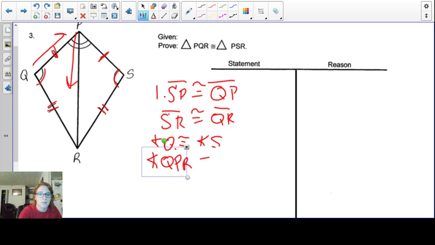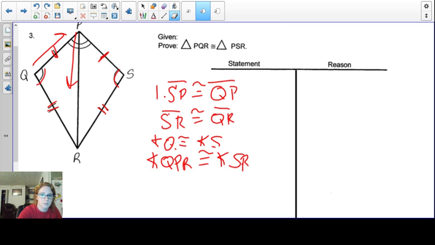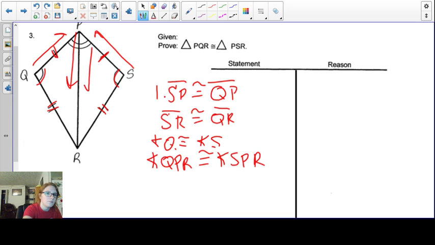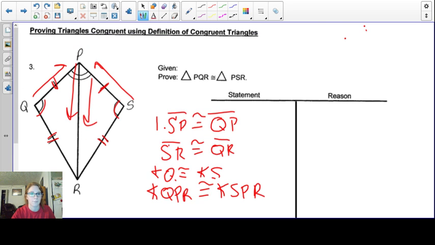I need to say that's congruent to angle S, P, R. Okay.